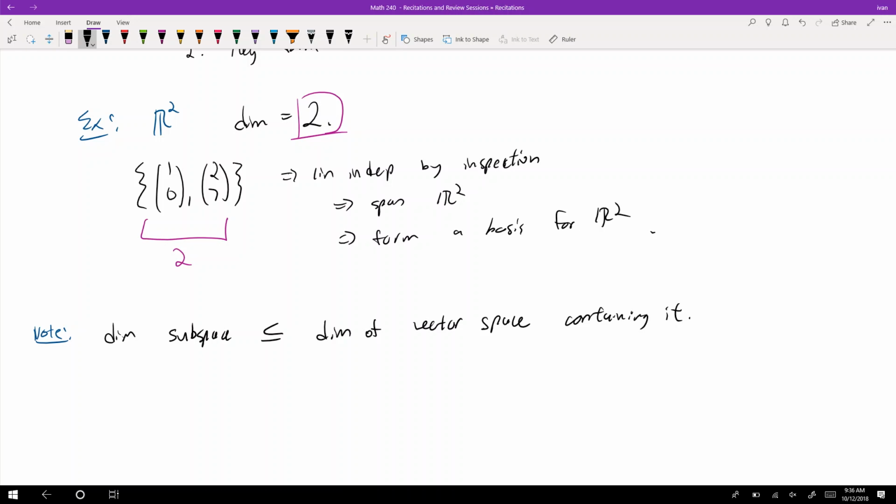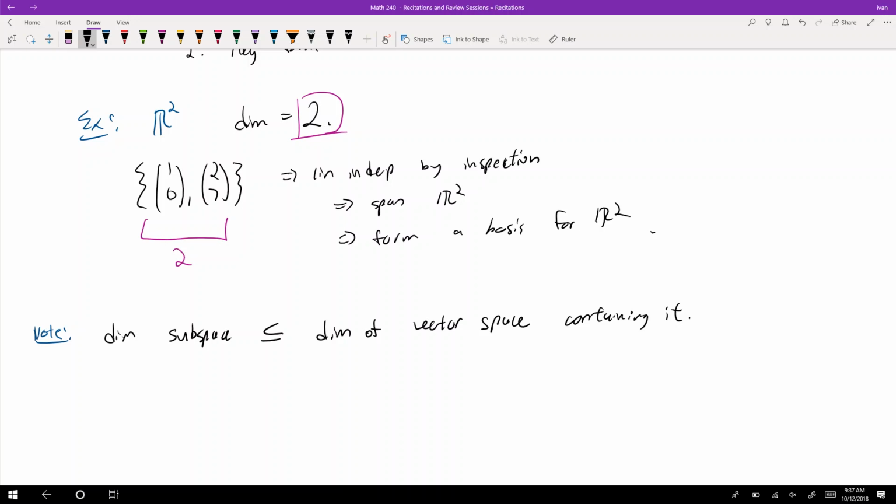And that should make sense, right? Because what was my definition of subspace? Well, it was kind of hand wavy, but I said it was like a smaller vector space inside a bigger vector space, and I put smaller and bigger in quotes. Well, this is what I mean by smaller and bigger. So the dimension of the subspace is going to be less than or equal to the dimension of the bigger vector space. So it's smaller in the sense that it has lower dimension.